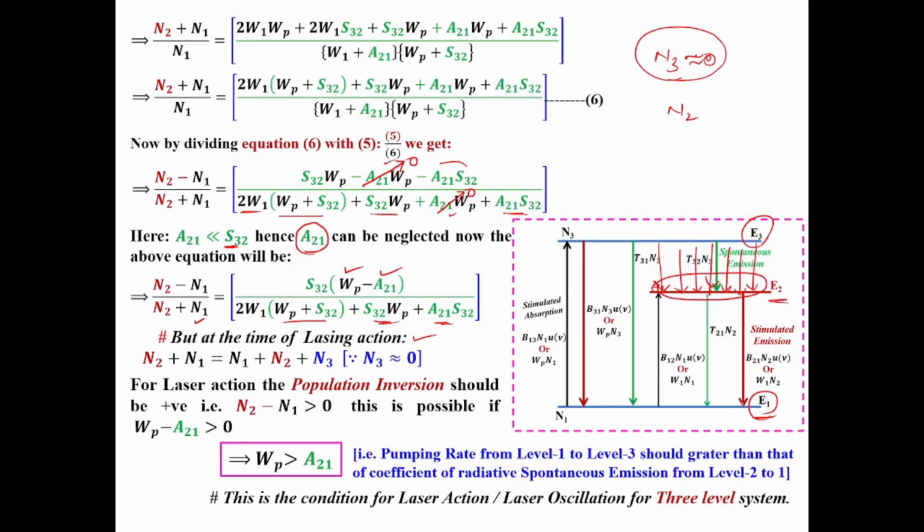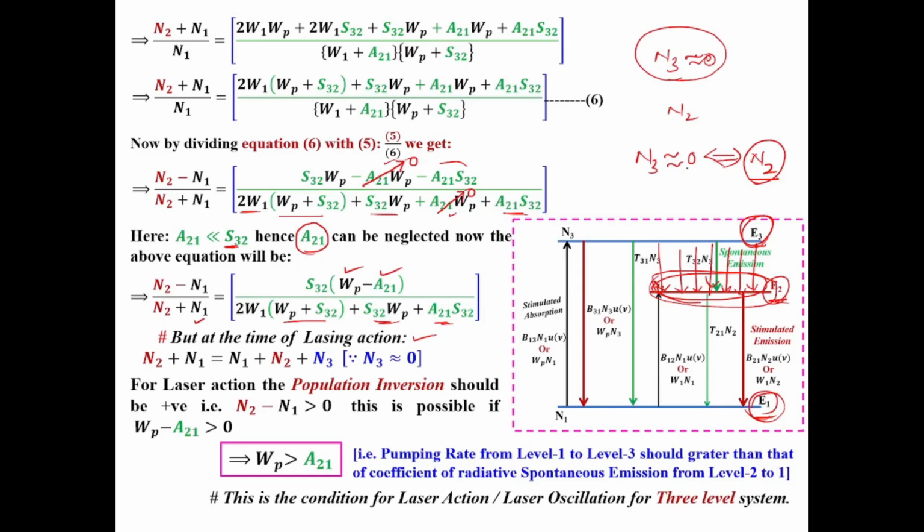So the lasing action will start when the population inversion is created between E2 and E1. The population inversion being created means that at E2 a large number of atoms are available as compared with E3. So obviously N3 is approximately 0 as compared with N2.